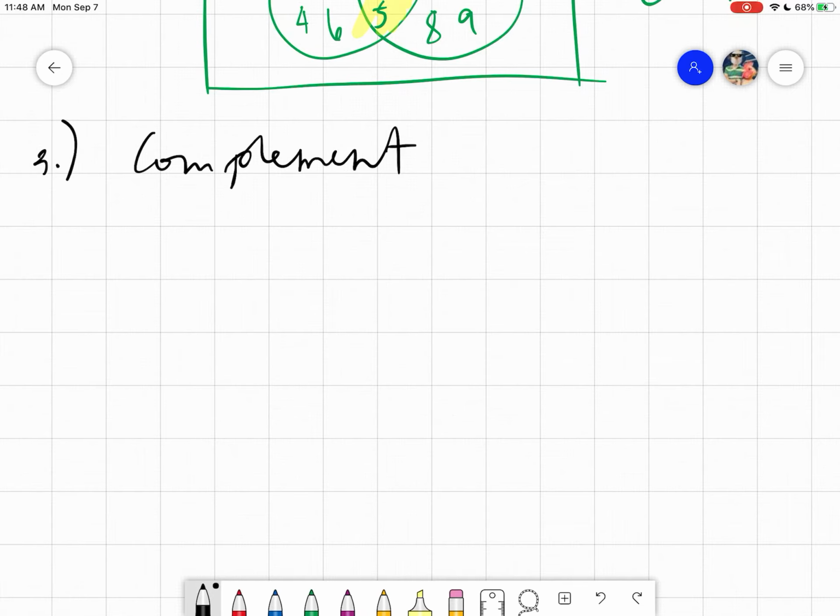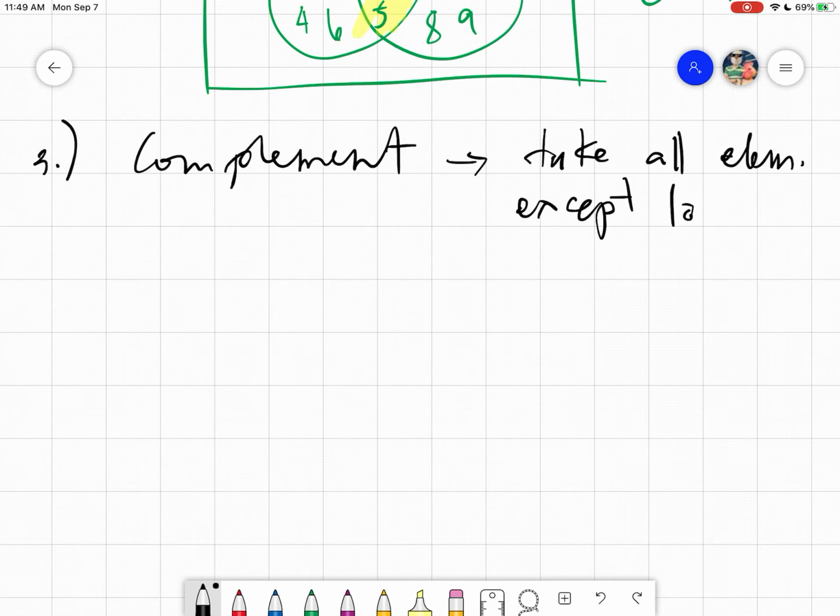So again, ang ginagawa mo dito, you're taking every element except doon sa set na binigay sa inyo. Sulat natin muna. Take all elements except for the set.